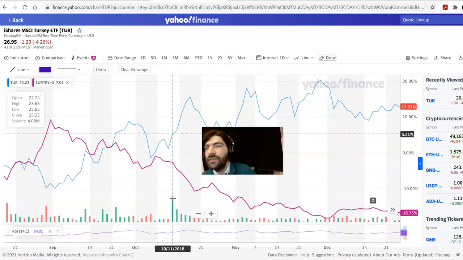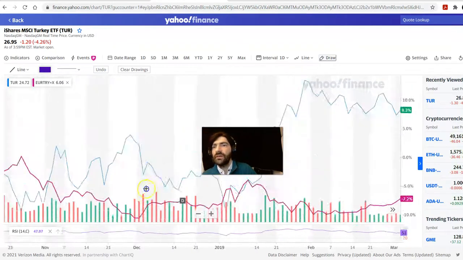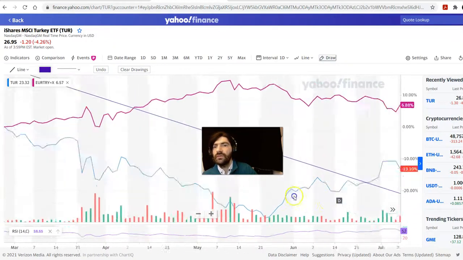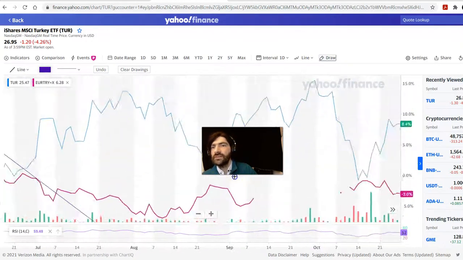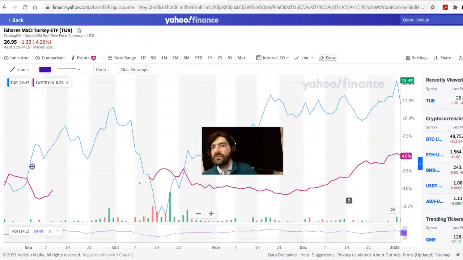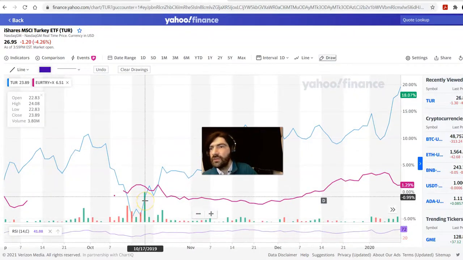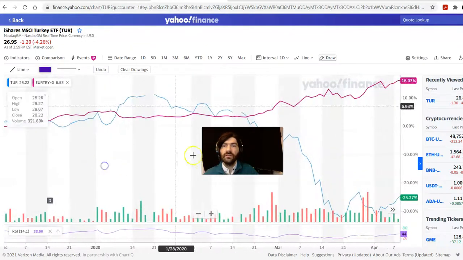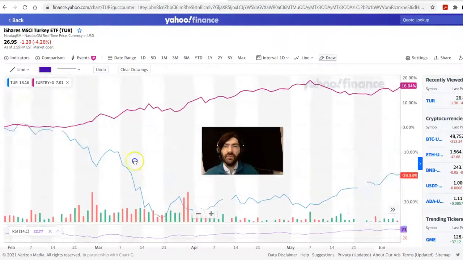Volume was 4 million, and if we compare that spike in volume to our more recent example, we'll see if there's any matching volume. So that's the big spike there. The volume there was 3.8 million. So an equivalent in terms of volume in these two moves when it started bringing down the EURTRY pair.